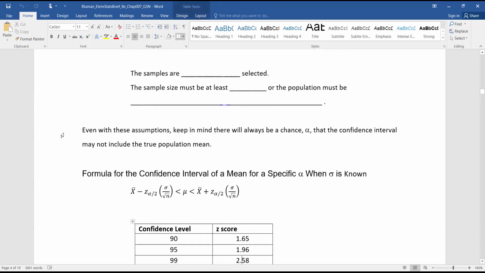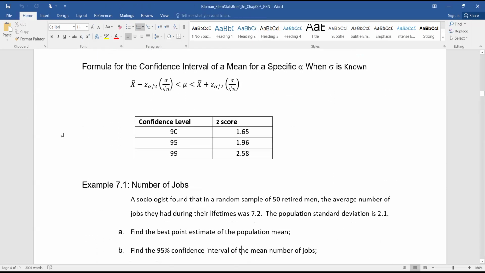All right, so here are our formulas to start doing some actual calculations. A formula for the confidence interval of a mean for a specific alpha when the population standard deviation is known. So remember that alpha just represents, well, if I'm 90% confident, my alpha would be 0.1.